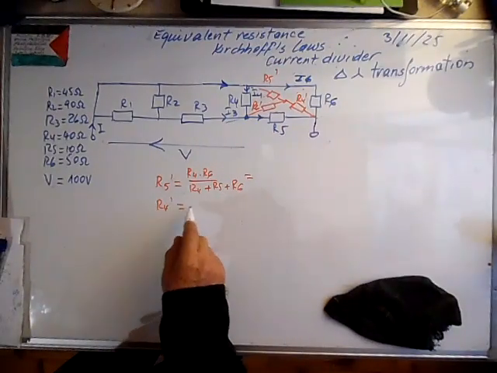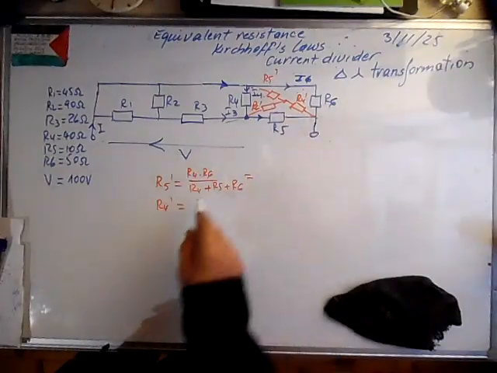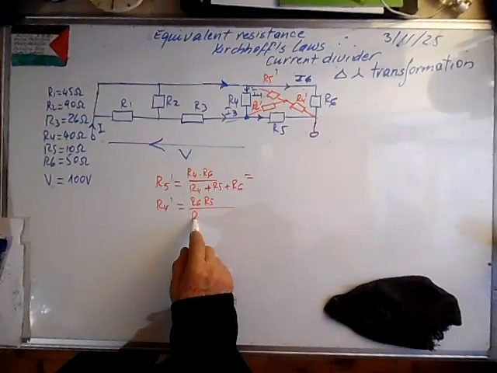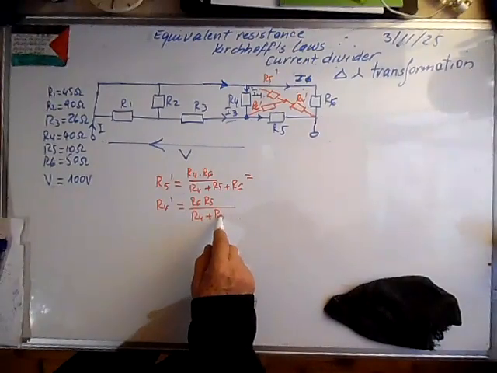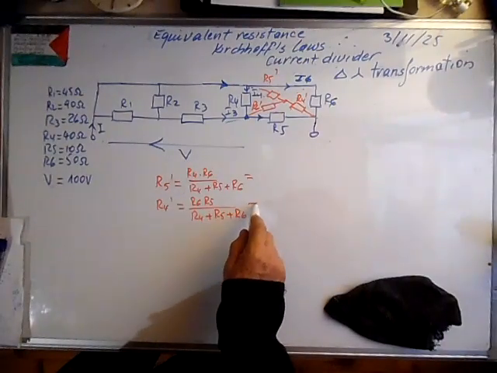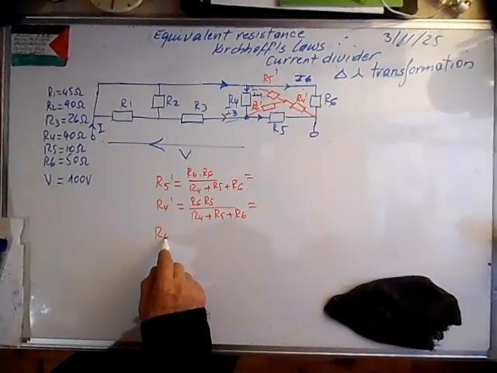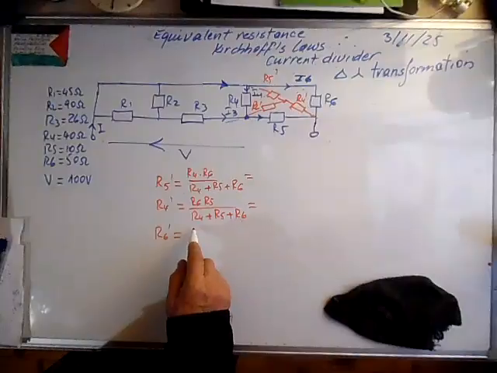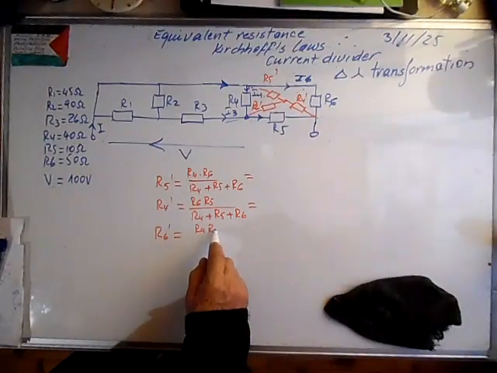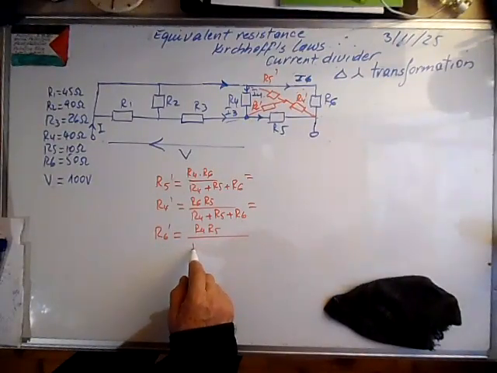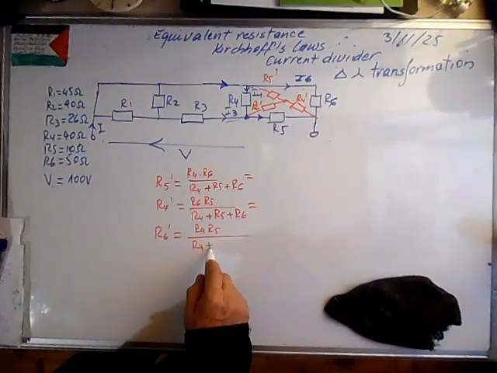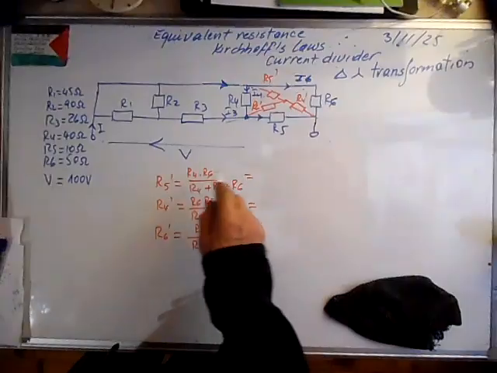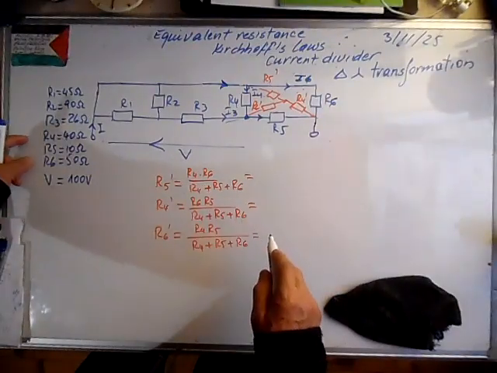R4 prime is R6 R5 over the sum, and R6 prime is R4 R5 over the sum of the three resistances.